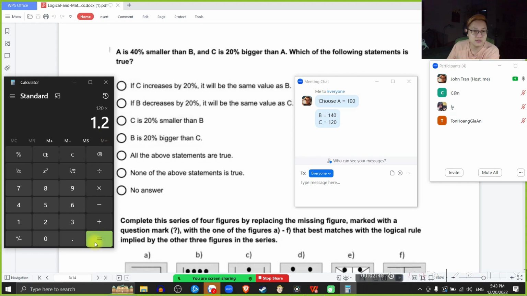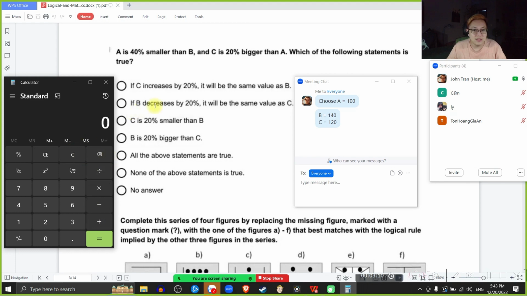So 144, thì liệu nó có cùng giá trị như B không? Is it the same value as B? No, because B is 140. So 144 is not the same, so this answer is wrong. Câu này sai, vì nó đâu cùng giá trị như B.